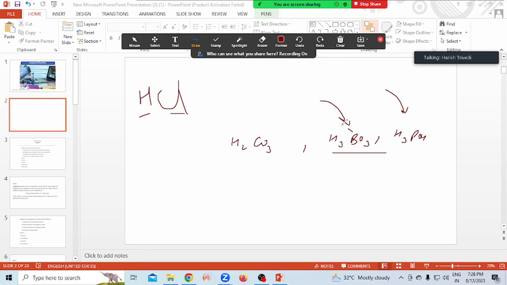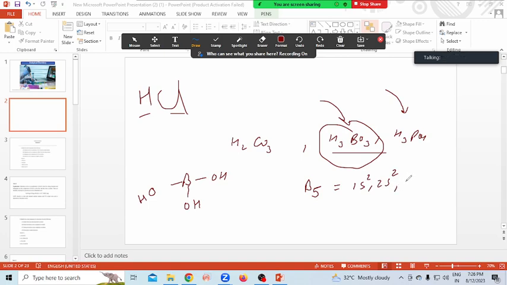So for your understanding I will explain about H3PO3. What is the structure of H3PO3? Because boron is 5, its electronic structure is 1s2, 2s2, and 2p1.